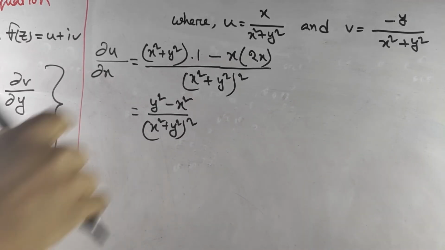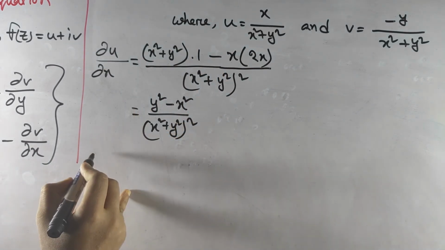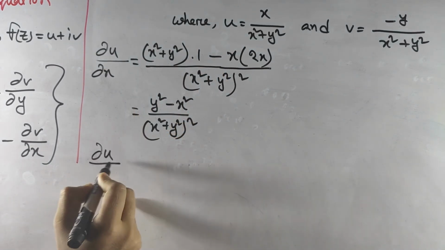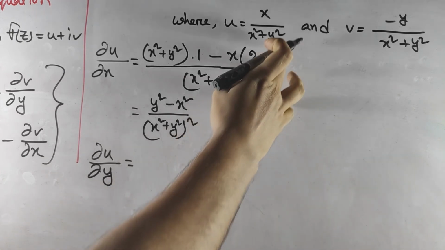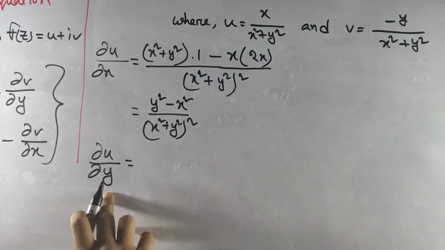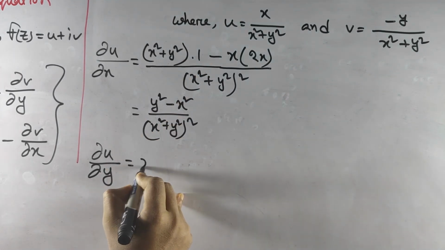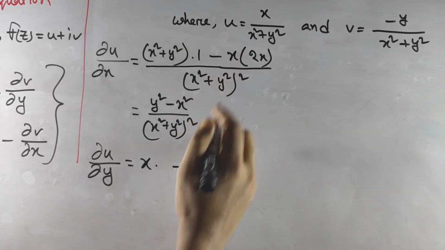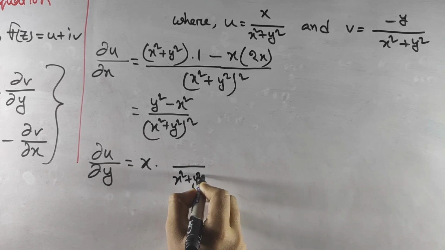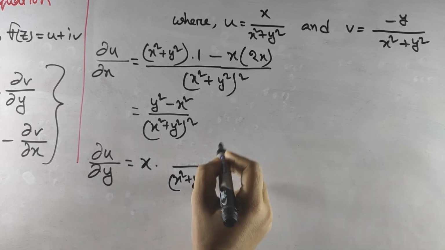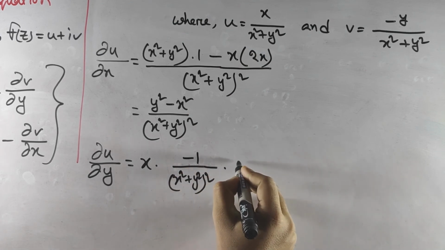Now if we partially differentiate u with respect to y, del u by del y, x is constant now, so it will be x times minus 1 over (x square plus y square) whole square times 2y.